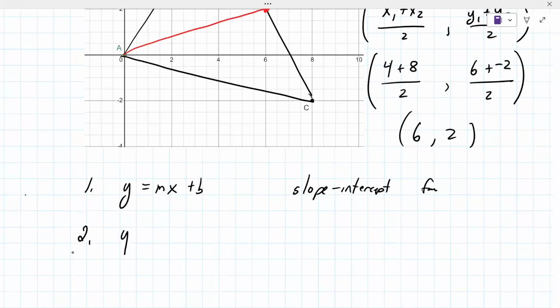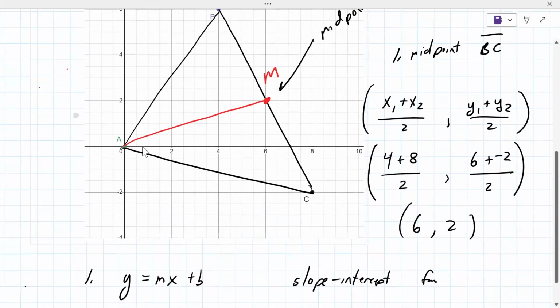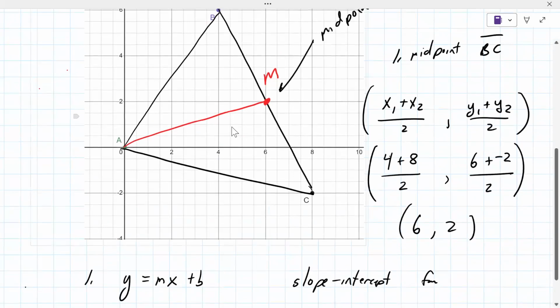The second one is point slope form. So which do you think you guys are using in class, or have you been using both? Yeah, we've been using a little bit of both. Okay, so it doesn't matter to me, but we'll just pick the first one for this.